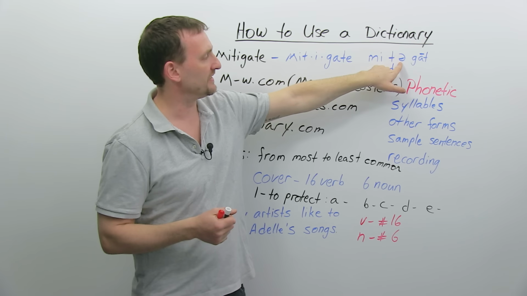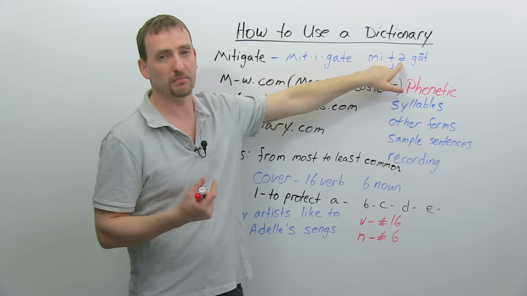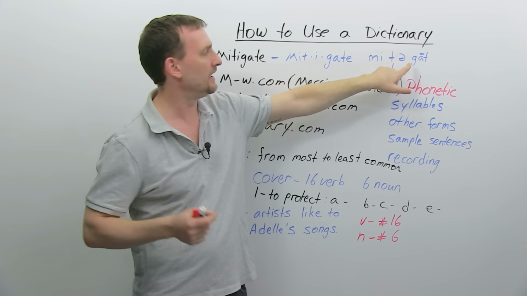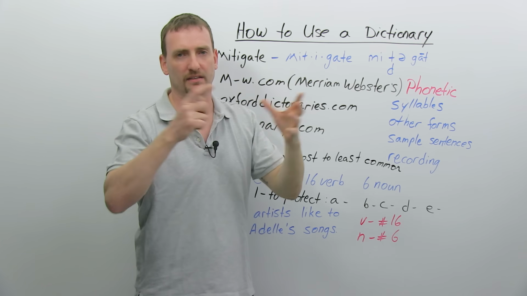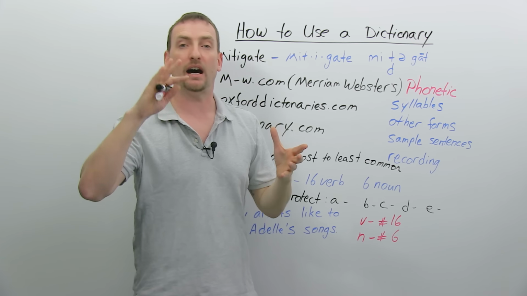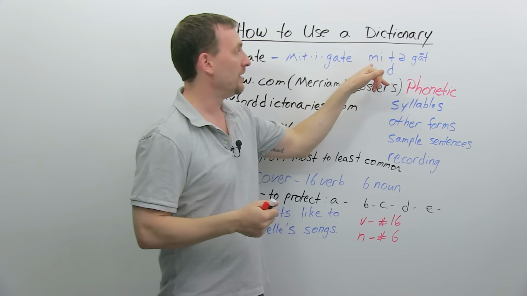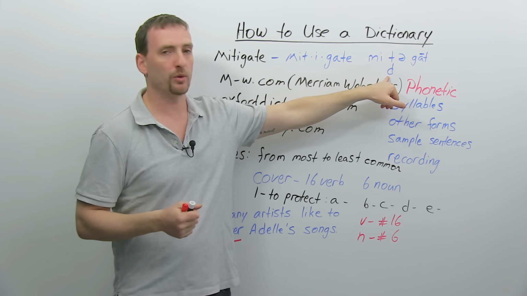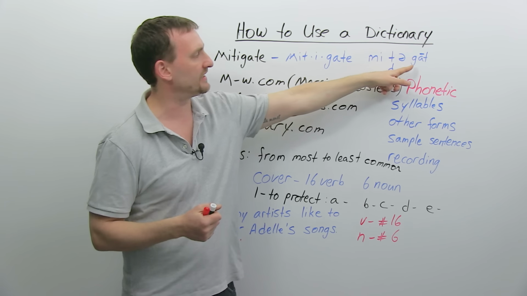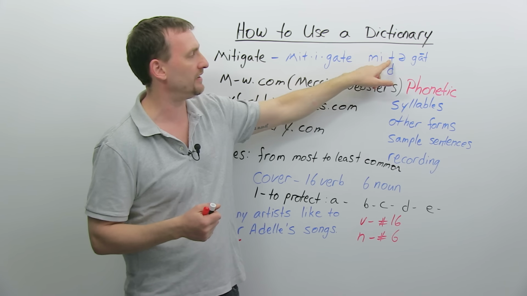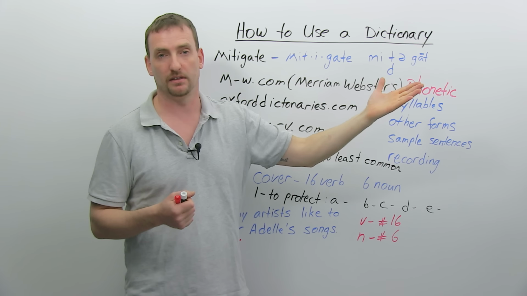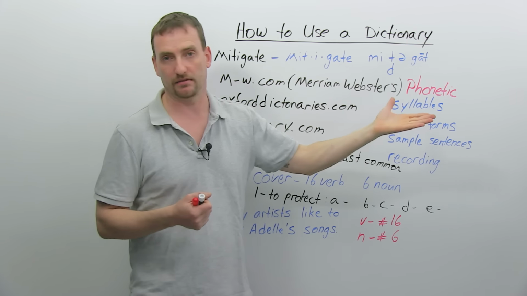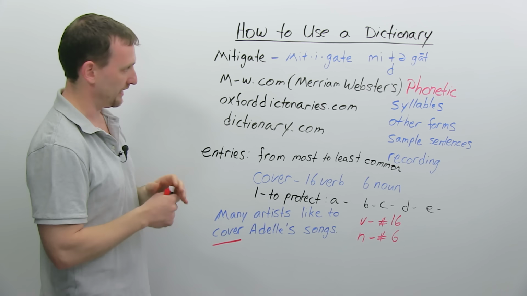The first vowel is an upside down E, but it actually sounds like I. And gate, A with a bar across it, is the diphthong, it's the A, not A, not A, etc. Mitigate. Now, if you go to the Oxford Dictionary, they will give you the same phonetic spelling, except instead of the T, they will give you the D. So in England, they probably say mitigate. In America, they say mitigate. So you know the difference is there.